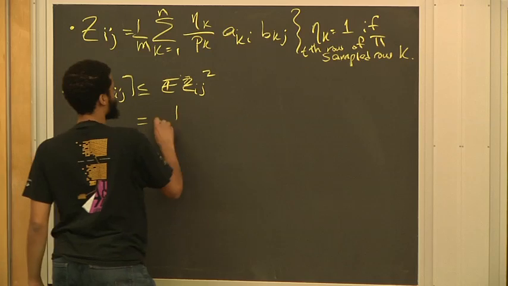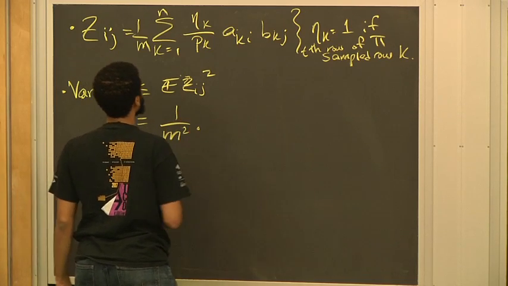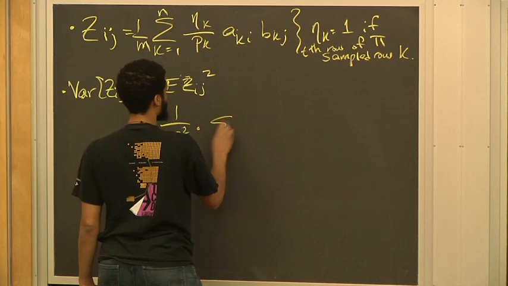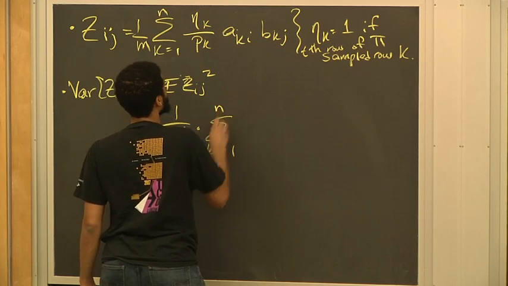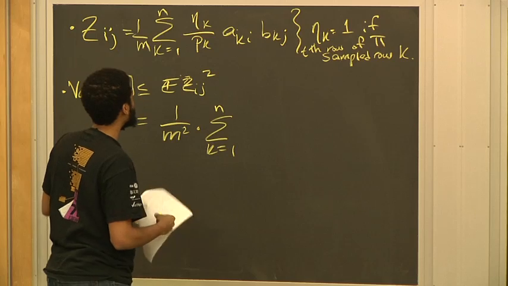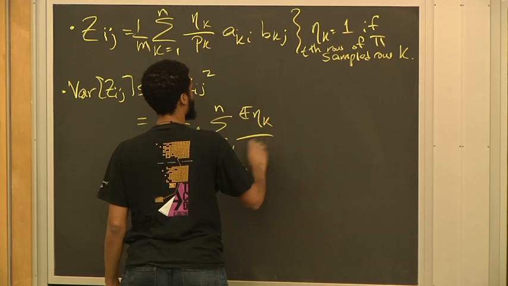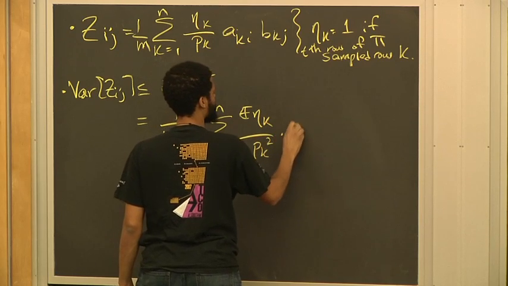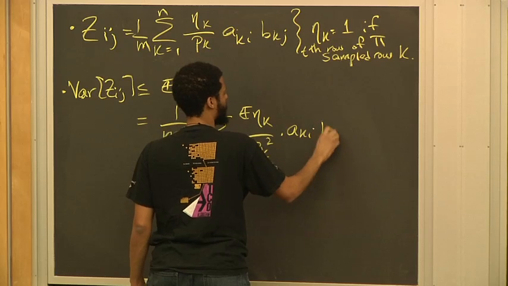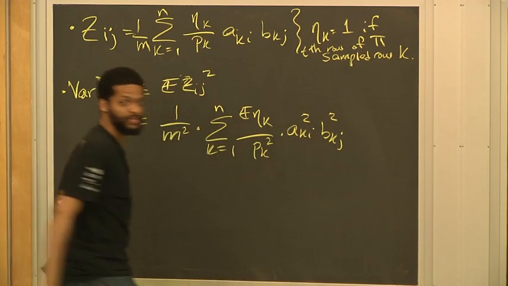This is equal to 1 over m squared times the sum over k from 1 to n of the expectation of eta k over pk squared times aki squared bkj squared.